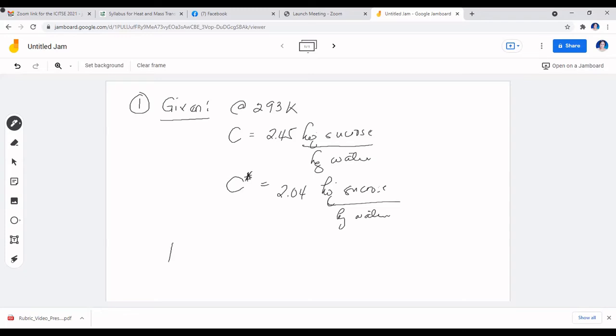So you are required for this particular problem to determine the supersaturation ratio, the S, in 2 sets of units. One is in kilograms sucrose per kilogram water, and another one is kilogram sucrose per kilogram of solution.